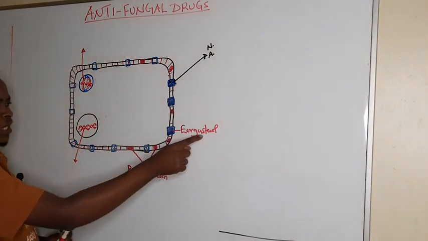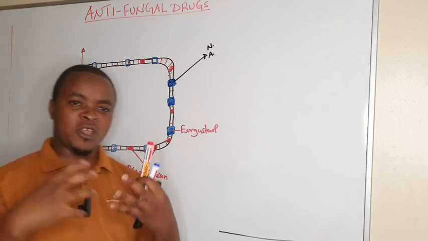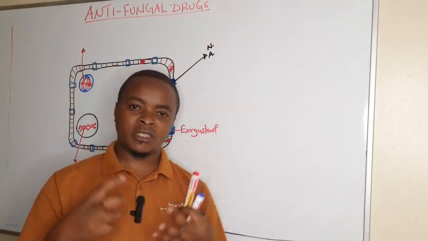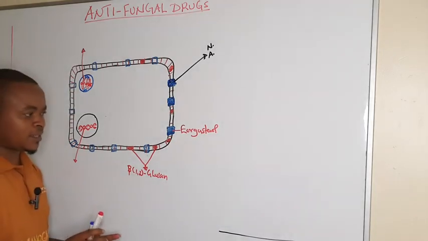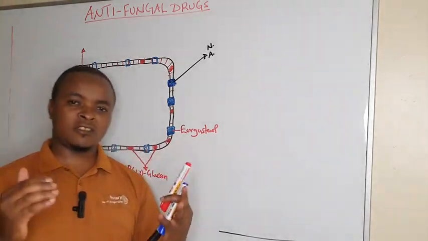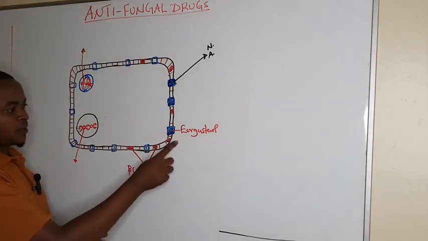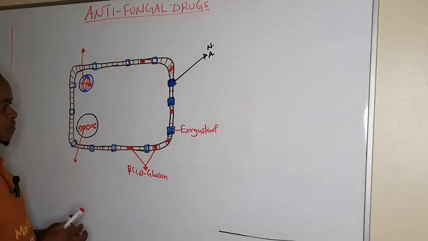So together, the ergosterol and the beta-glucan enable strengthening of the cell wall. So they maintain the integrity of the cell wall of the fungus. So we want to see how different drugs can lead to the death of the fungus by targeting these two components that strengthen the cell wall of the fungus.